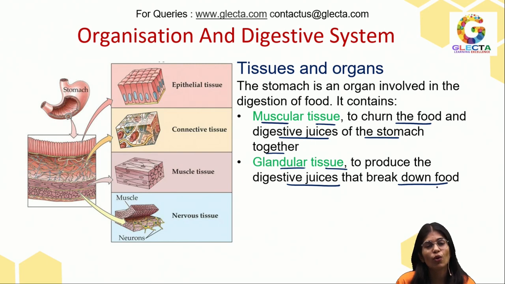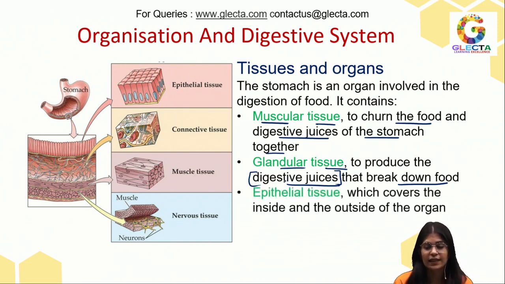We're going to talk about all the secretions that happen in the body in the further parts of the chapter, but here you need to understand that digestive juices are always stored in some kind of gland, and that gland is made up of glandular tissues. Then there is also epithelial tissue which covers the inside and the outside of the organ.